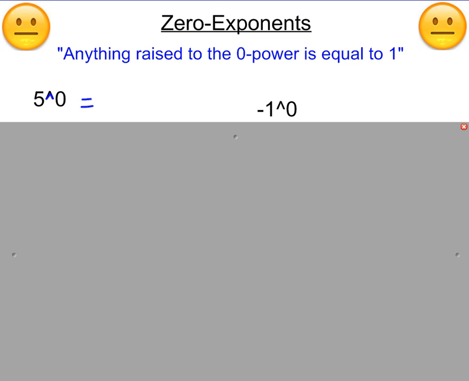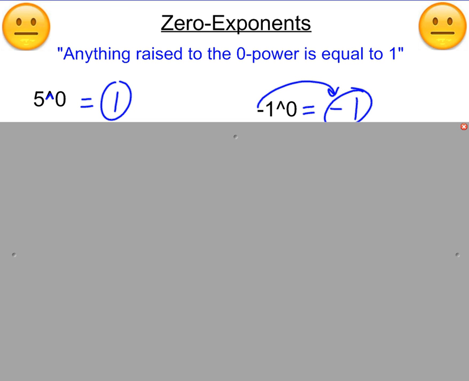Guess what? 5 raised to the 0 power is 1, because anything raised to the 0 power is equal to 1. This is negative 1 raised to the 0 power. Now remember, the only thing that the 0 is touching is the 1. So that 1 raised to the 0 power is 1, and that negative has to stay out in front. So really, this one is actually going to be negative 1.